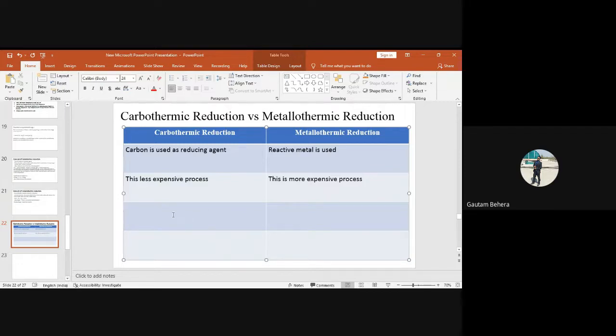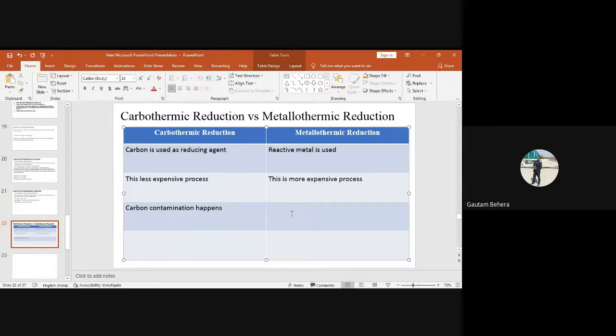Here carbon contamination will be there. Carbon contamination happens, that is, formation of carbides, or some carbon will remain in dissolved form in the molten metal.